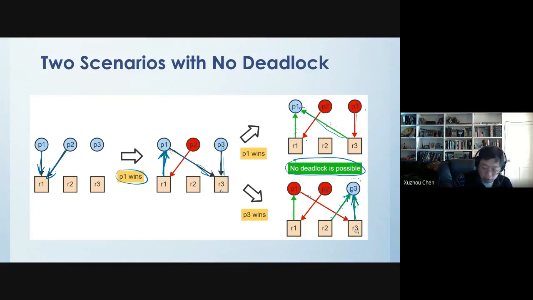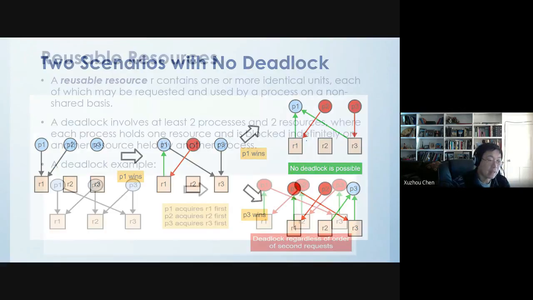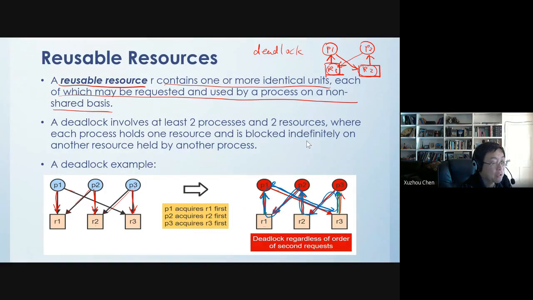The only situation when deadlock happens is when it falls into some kind of circular wait. Remember the case of the dining philosophers, right? We have 5 philosophers and 5 forks.